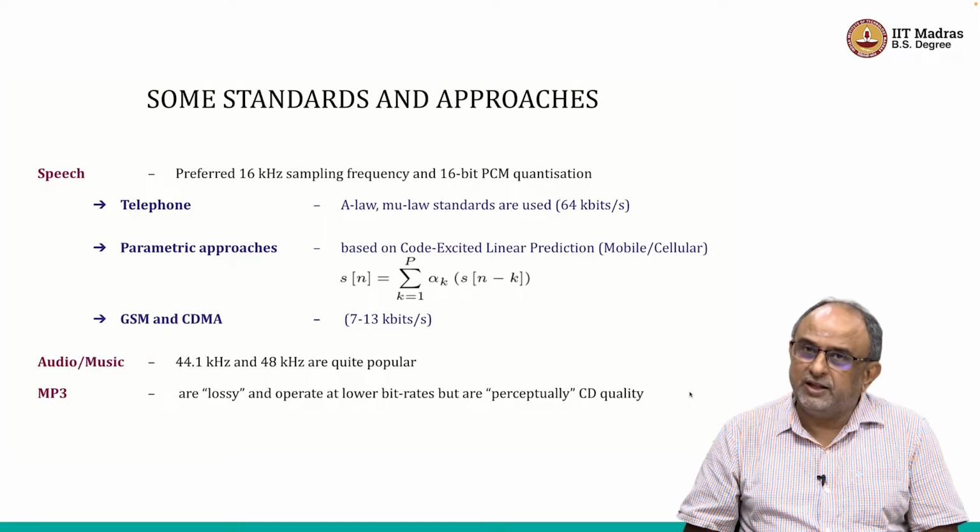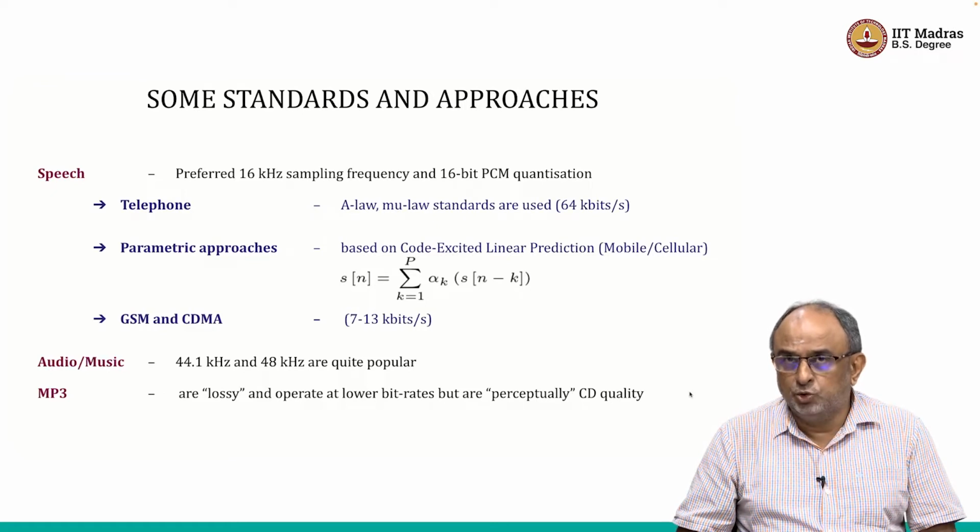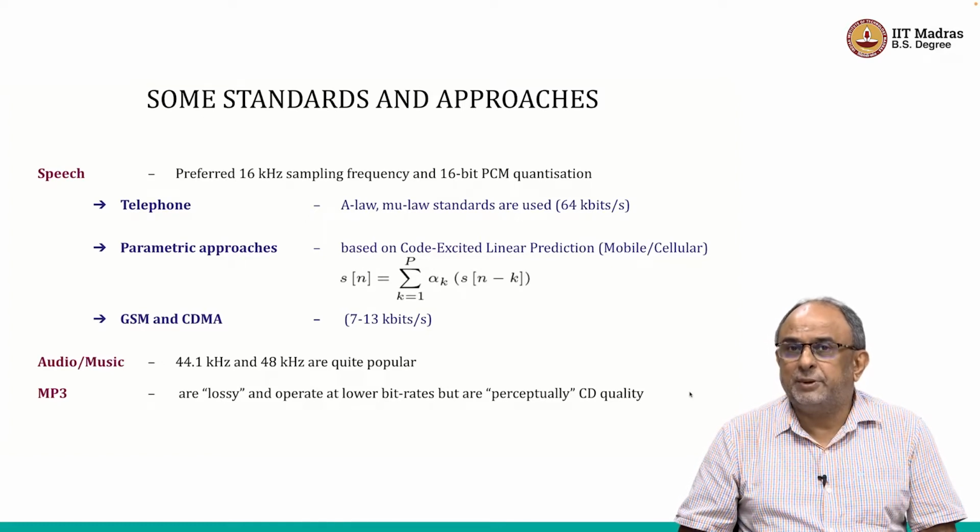Finally, you would have heard of MP3 players, which all of you use. These are lossy, and this is where I was talking about the perceptual aspects. You cannot reconstruct the perfect signal that the speaker or the music originally was. MP3 is lossy, but the distortions it introduces are something the ear cannot hear, and that is what is exploited.